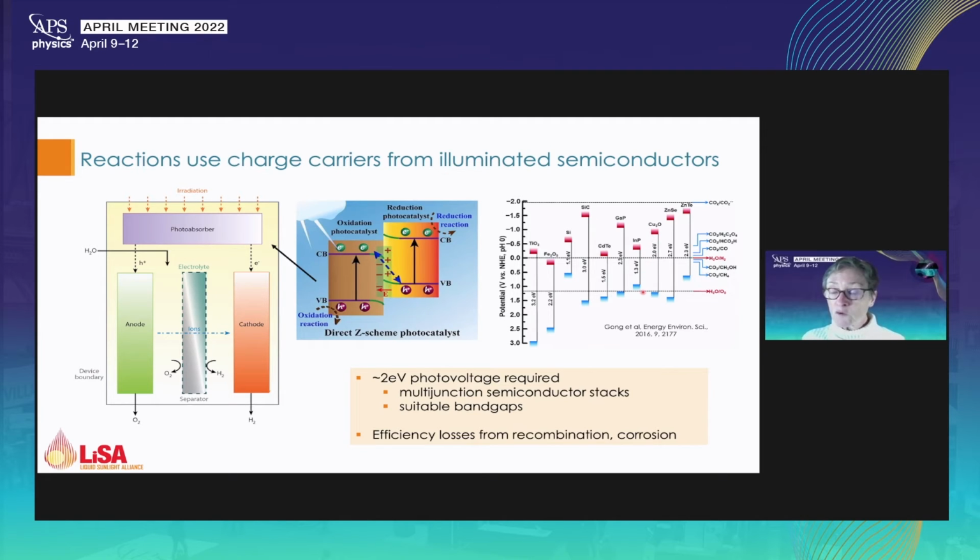And this shows you immediately the problem that there are very few materials that actually have the right band gap and also the right band edge alignment. TiO2 has got the right stuff, except it's basically transparent in the visible, so it's not a good solar absorber. Cuprous oxide is a good photoabsorber, has band edges in the right position, but it corrodes like crazy. So this is the challenge that we are currently dealing with.